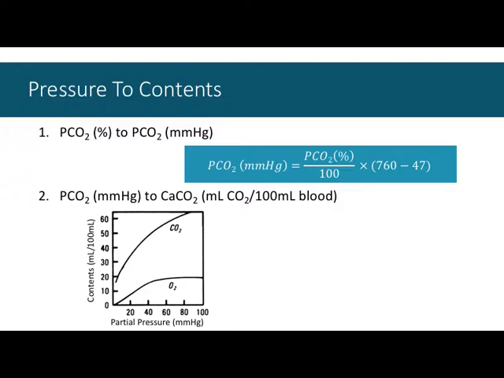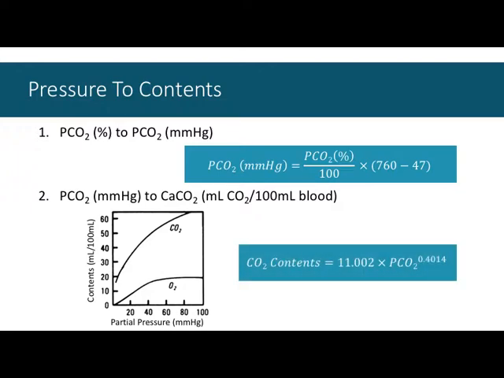For every partial pressure, there is a contents, and it adheres to this equation. This is a fixed equation. You just put in the PCO2, the partial pressure of CO2. If you calculate it out, you get mils of CO2 per 100 mils of blood.